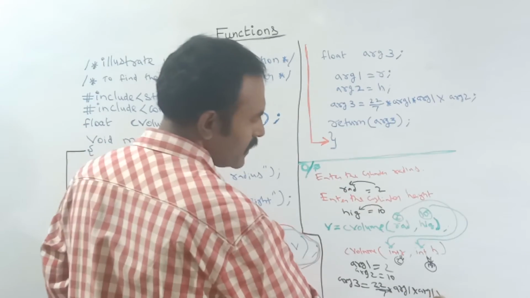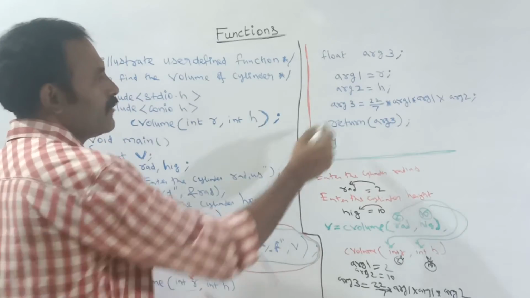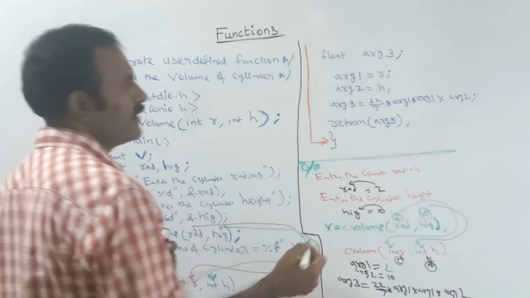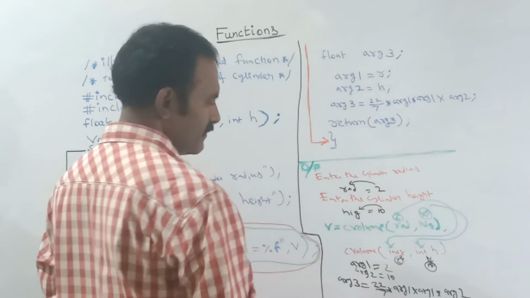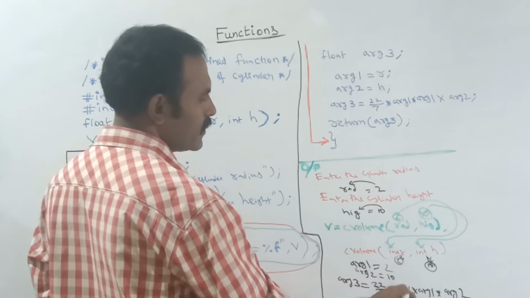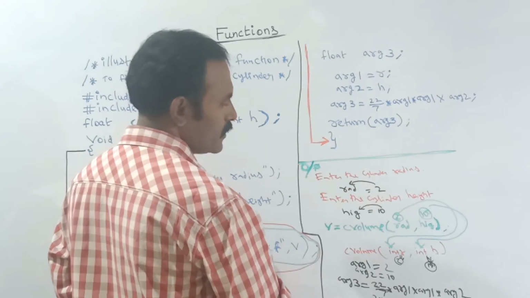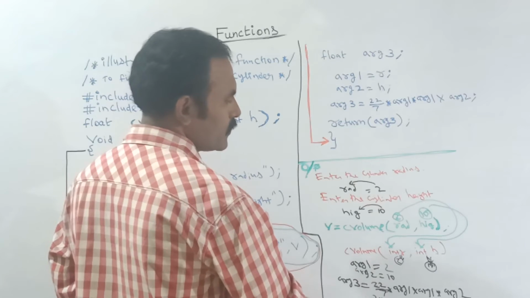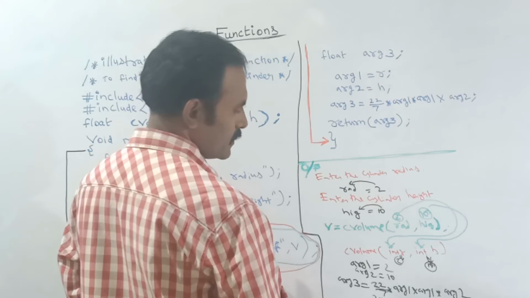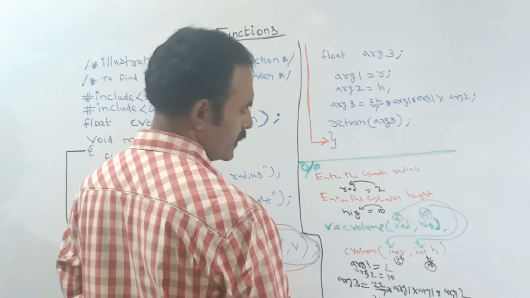Finally the approximate value for pi 22/7 is 3.14 into, for argument 1 value, that is radius value, 2 into 2 into, next argument 2 value is 10, that is 3.14 into 40.